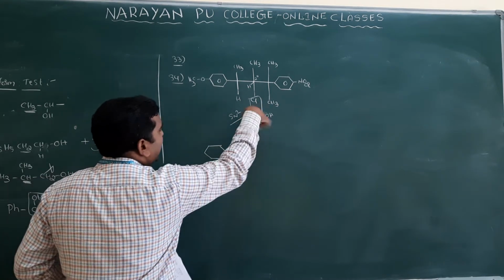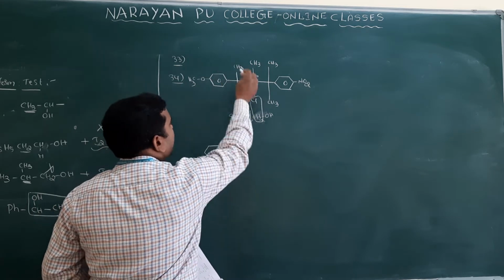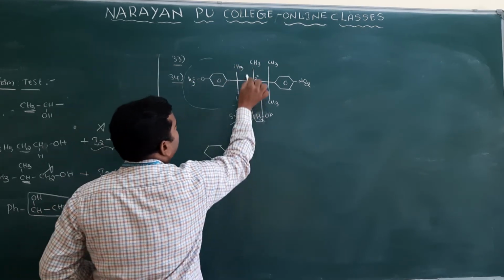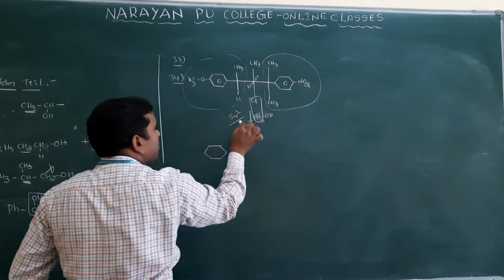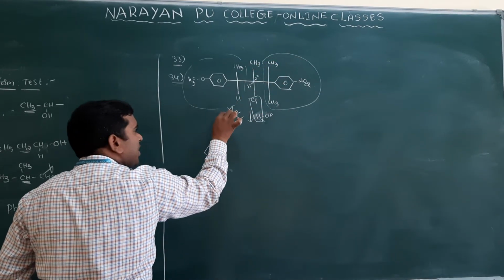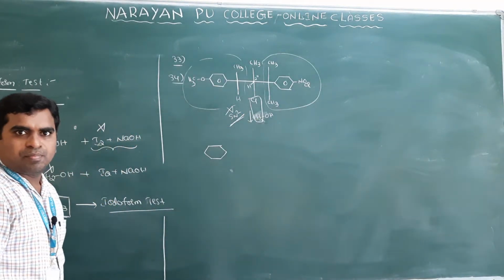One product directly chlorine. Here bulkiness is there, so this is a very big bulky group, and here also it is a very big bulky group, so there is no chance of SN2 mechanism here. That we first have to remember. Clear?